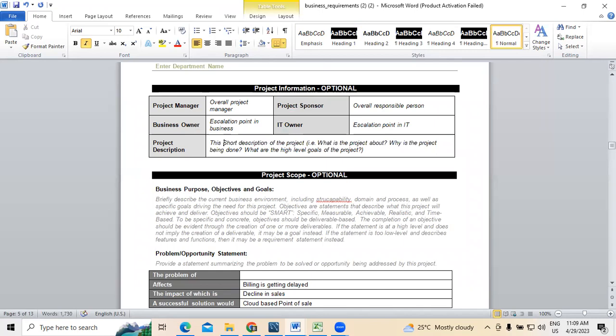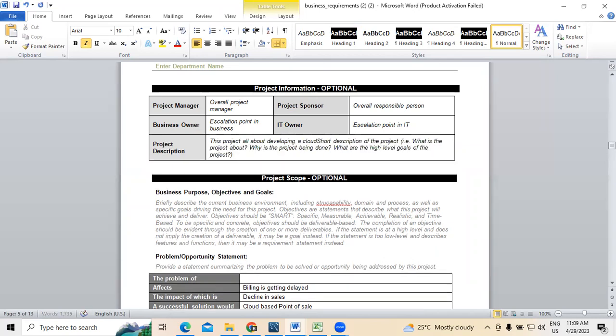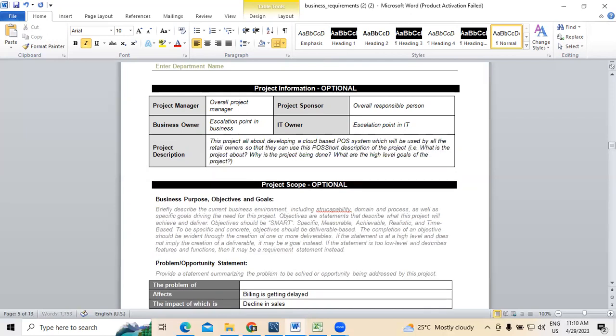So this project is all about developing a cloud-based point of sale system, which will be used by all the retail owners, irrespective of the size of the retail owner, so that they can use this POS system for their business needs, right?